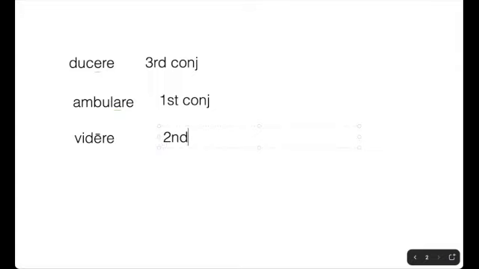Good, that is a second conjugation because of the long E. And finally, how about venire? Good, that one is fourth conjugation because of the I in front of the RE.